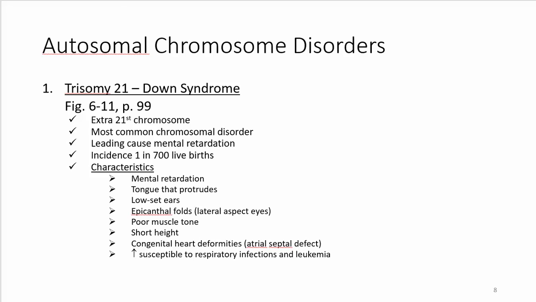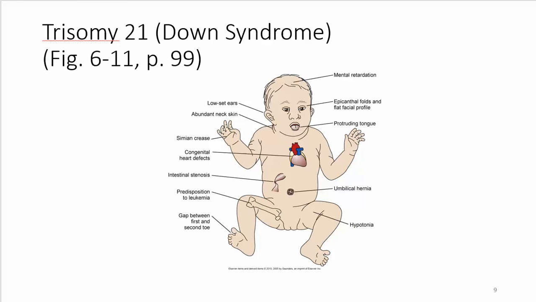So, again, this is a generalization. Any individual with trisomy 21 may not have all of these characteristics, but they probably have a good chunk of them. For instance, not everybody with trisomy 21 has septal defects. Not everyone has poor muscle tone. But as a general list, this is what you see. Things like umbilical hernias.